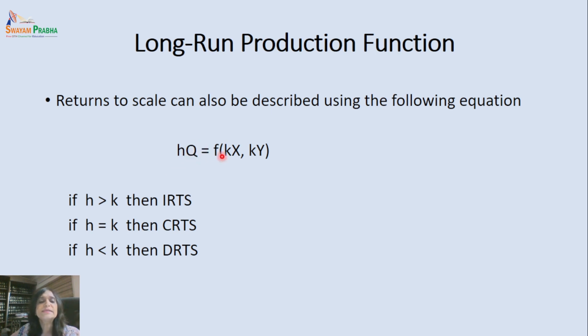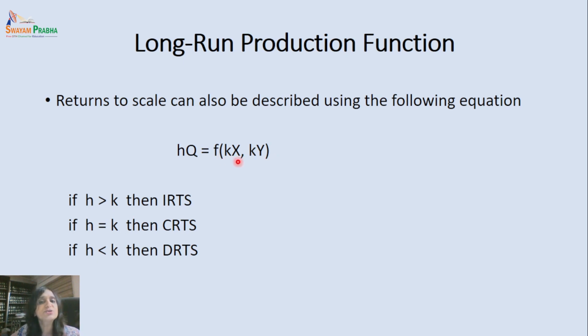If Q is a function of x and y, that is, your output is a function of two inputs x and y, and both x and y are changed by the amount of k. That is, you are changing x by an amount of k and y also you are changing by an amount of k.